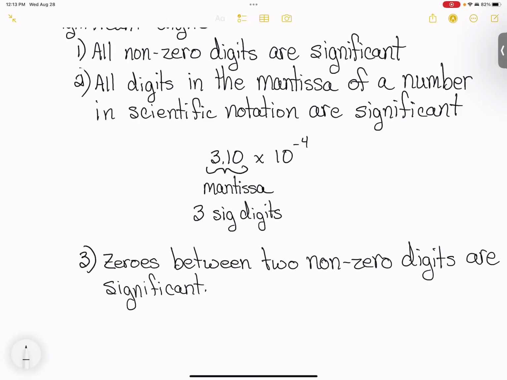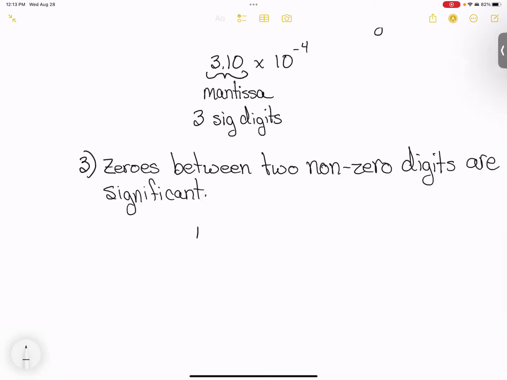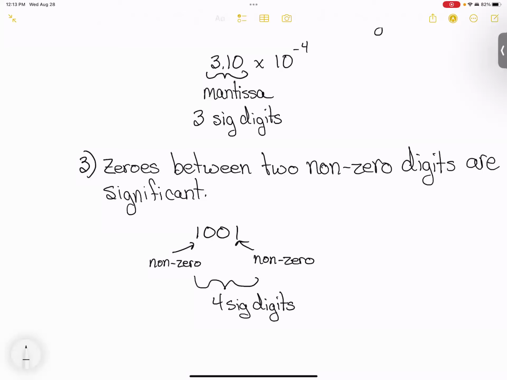Everything in between is significant, whether it's 0 or not. So for example, if I have 1001, the ones are non-zero, so this number has 4 significant digits because of the goalpost effect.